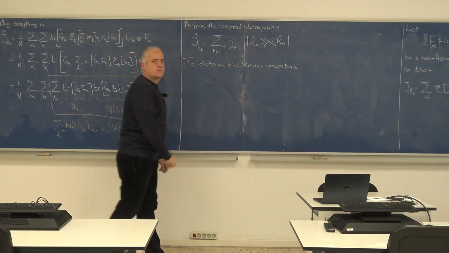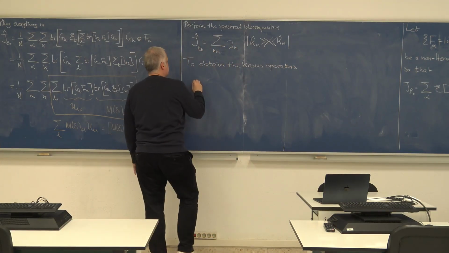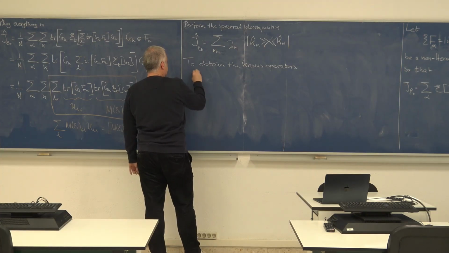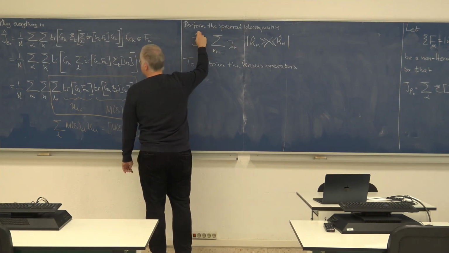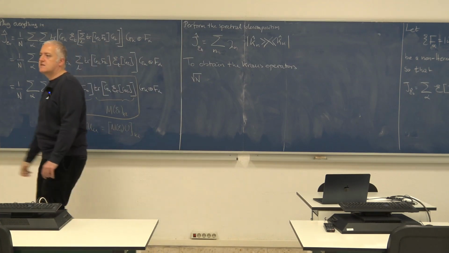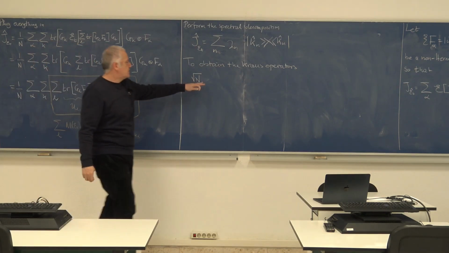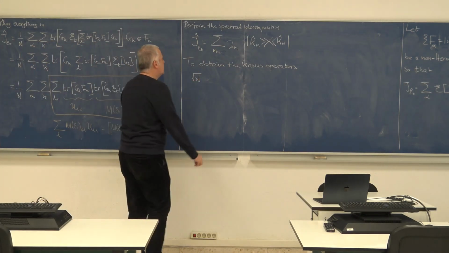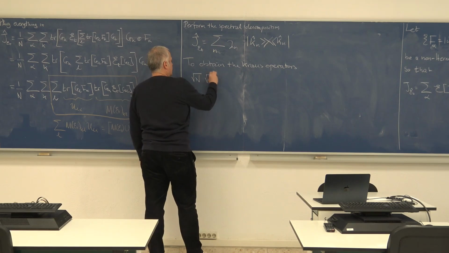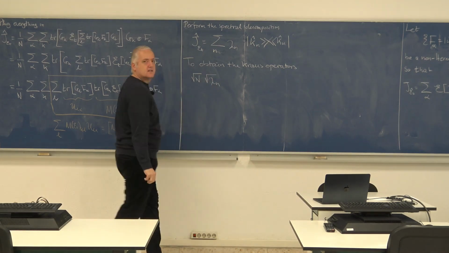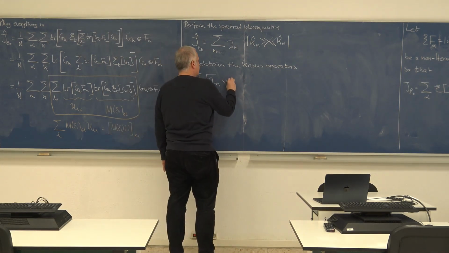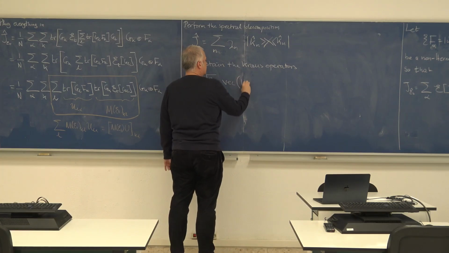So to obtain the Kraus operators, all we need to do is take the square root of lambda n. This is because I used the physicist definition. If you don't normalize the Choi-Jamiołkowski, you don't have to do this part. I have to take the square root of lambda n, and then I have to undo the vec of this guy.